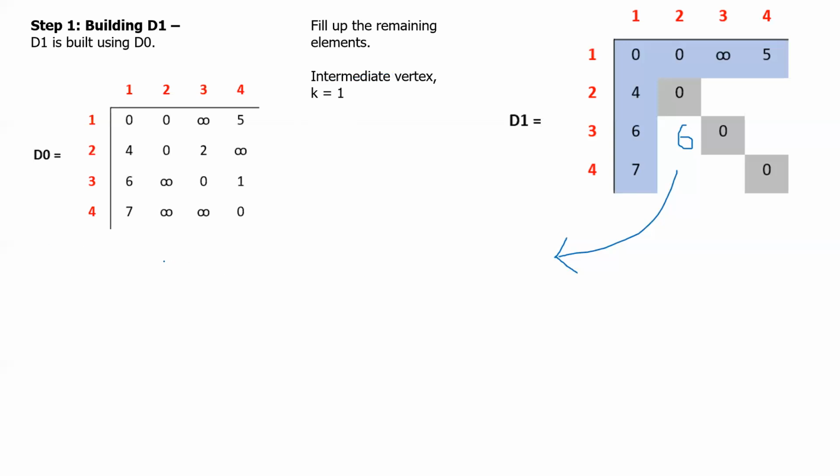That is the distance between 4 and 2. Now, what is the current distance between the fourth node and the second node? It is again infinity. This is the value that we have taken. Now, I'll try to find out what is the distance between 4 and 2 via intermediate vertex 1.